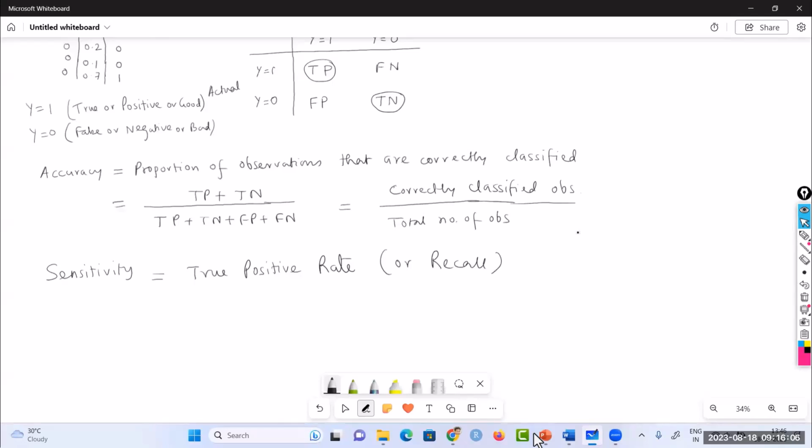That means out of actual positive, how many are predicted as positive?